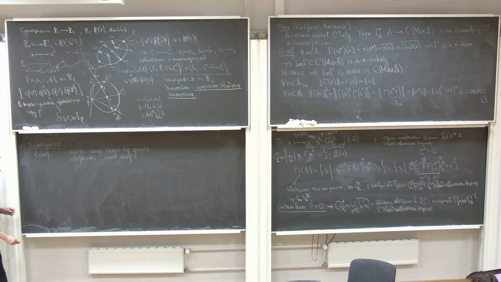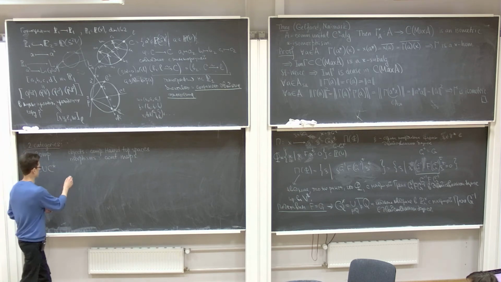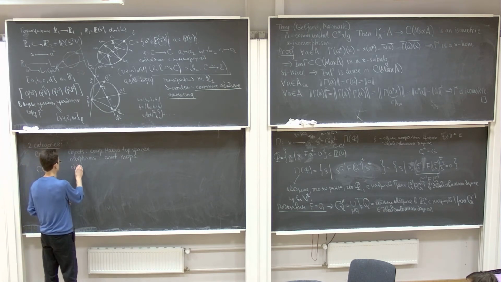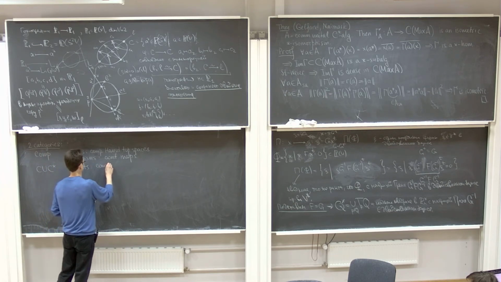And the second category will be denoted like this, CUC-star. Here the objects are commutative unital C-star algebras.